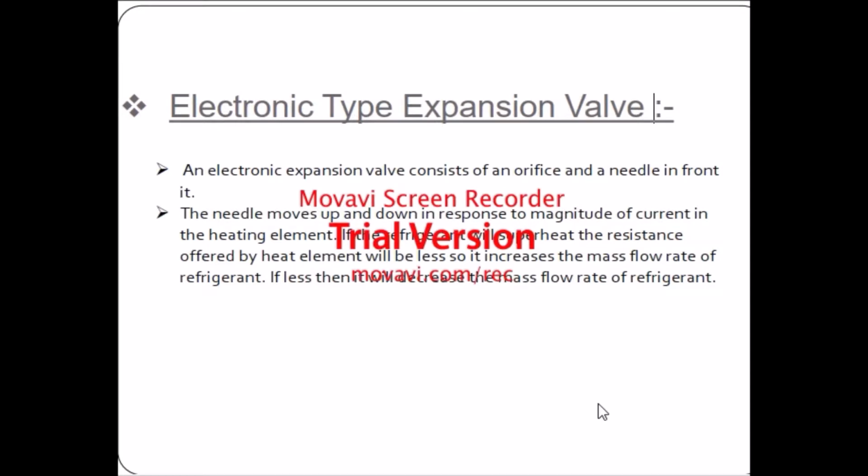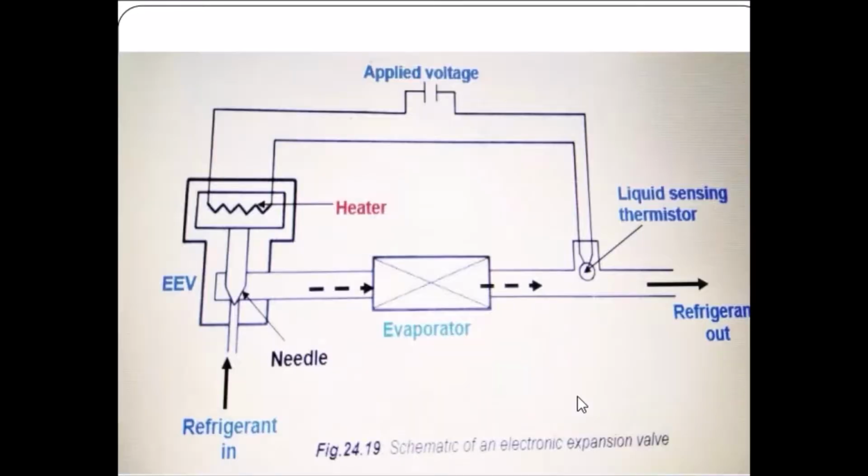If resistance is higher, it means the supply of refrigerant will increase. If the element works more, it means the supply of refrigerant will reduce. Okay, we will see how the electronic type expansion valve works.